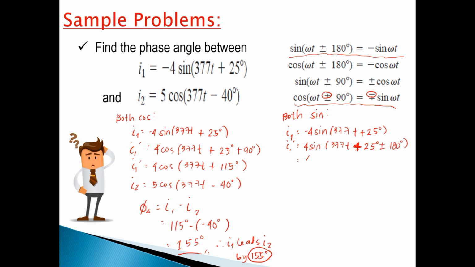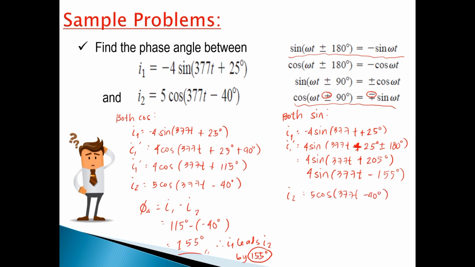So it can be 4 sine of 377t plus 205 degrees, since 180 plus 25 is 205, or 4 sine of 377t, 25 minus 180, which is equal to negative 155 degrees.